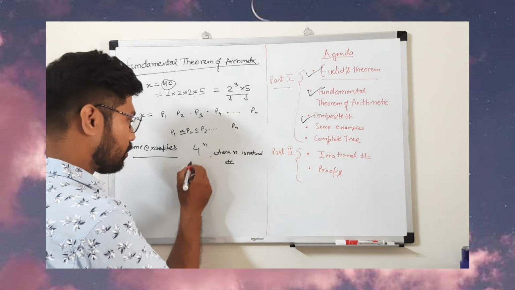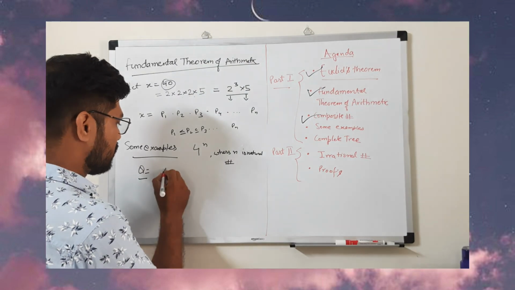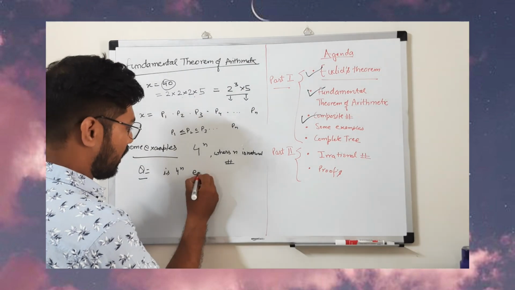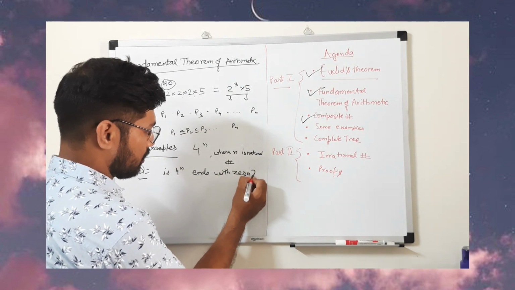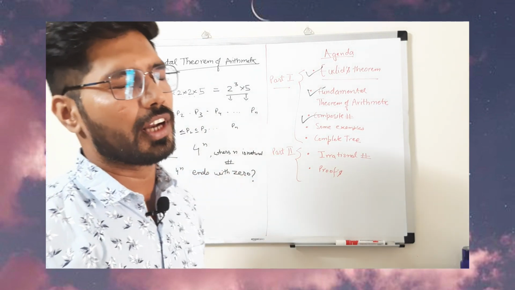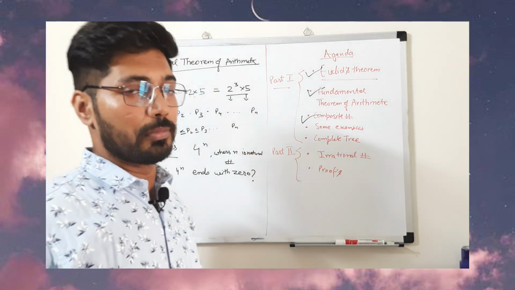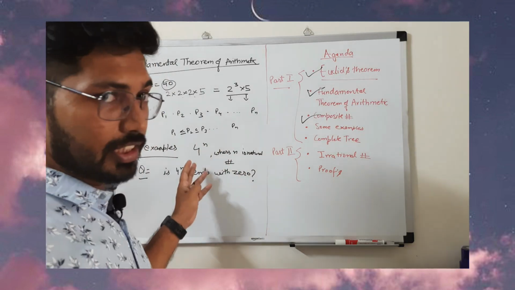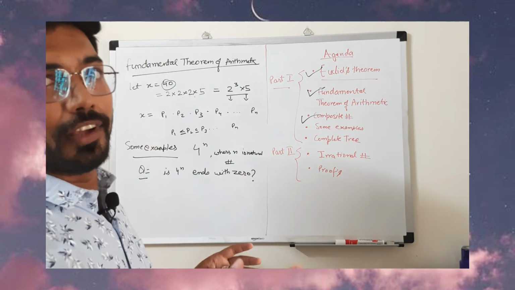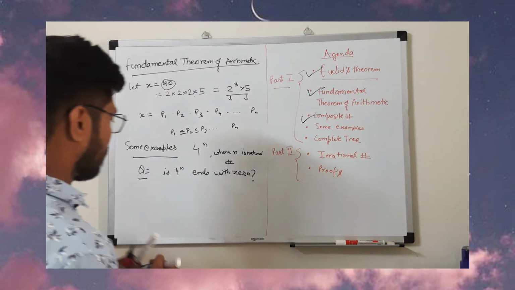The question is to prove whether 4 की power n can end with 0. The fundamental theorem of arithmetic is very necessary to prove this. So first we divide this number 4 की power n into its prime factors. Let me give the solution in blue.